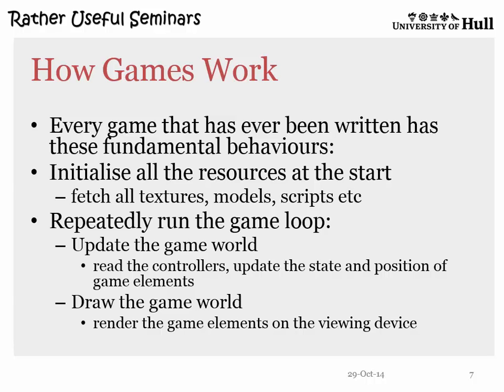And the aim of the game is to do this as quickly as possible. They run these two things independently because the speed at which you draw the game world is allowed to vary. I used to play Need for Speed Most Wanted, the first version, Xbox 360, and you're driving around the open countryside and it's amazing. You go into a city and the frame rate disappears. It goes chug, chug, chug, chug, chug as you're panning. You must have seen this. Suddenly the screen gets complicated and the frame rate goes through the floor because the renderer now has more work to do.